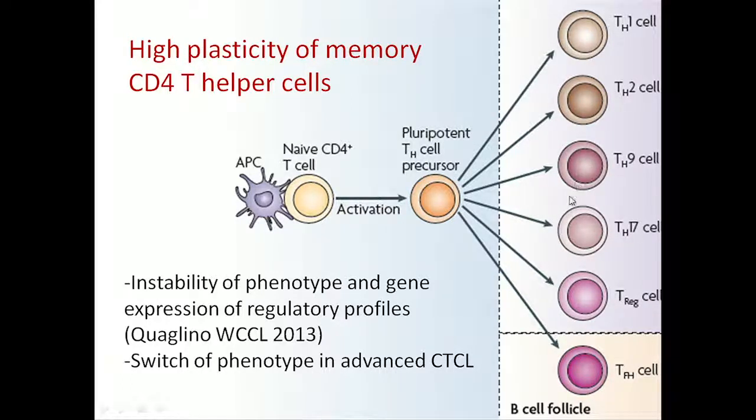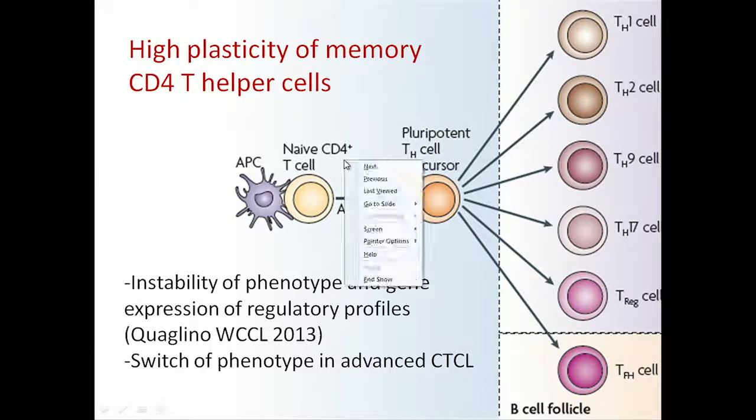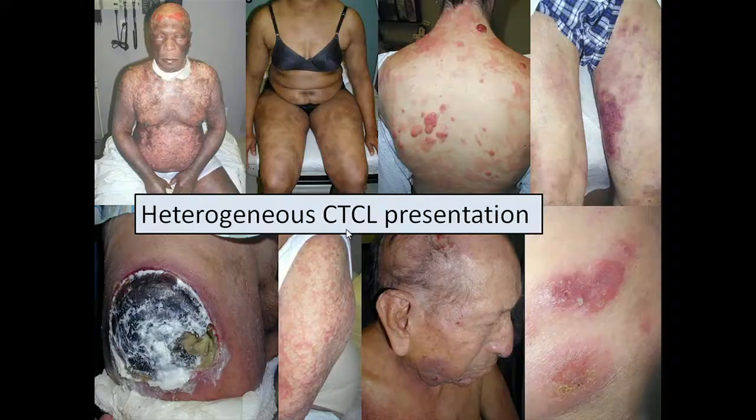We know that in some cases we have Th17, which looks more like psoriasis, follicular T helper, even Th9 in some cases. So it is very important to be aware of all this plasticity, which is reflected in this highly heterogeneous presentation.